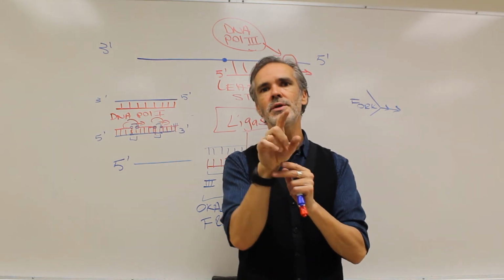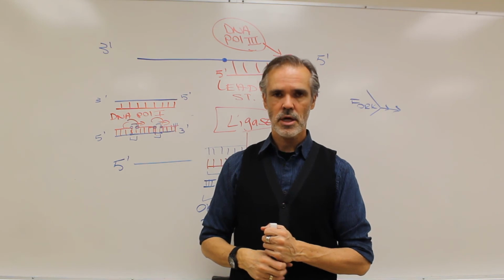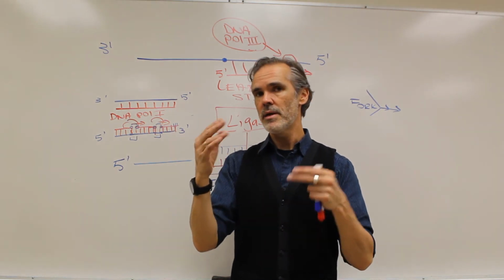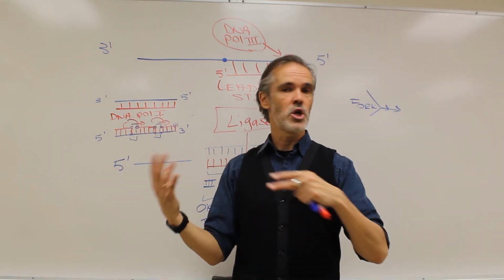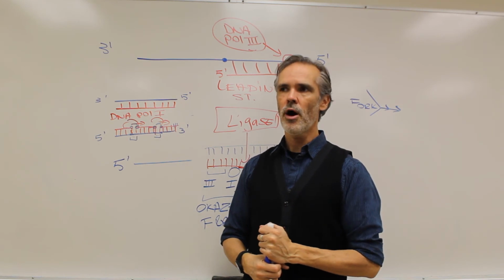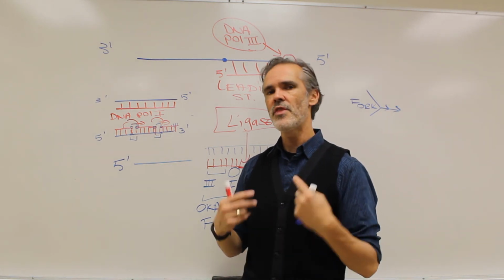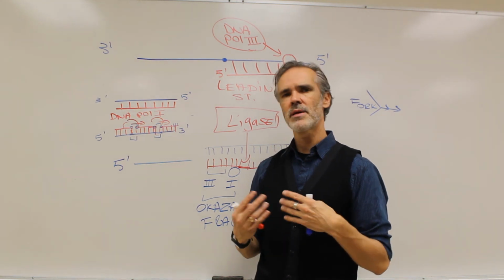That gap will need to be filled by another enzyme called ligase. Okay, ligase is going to fill that gap. But in the end, all of this community of enzymes are working together to copy both DNA molecules, and that's what we want, right? That works very well this way, but it's just a bit more complicated.